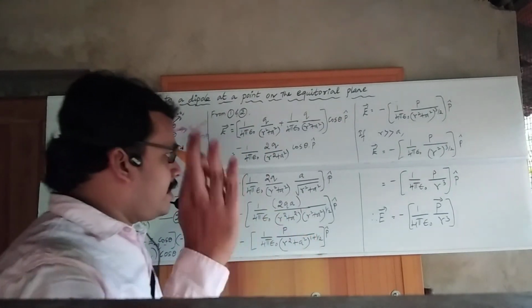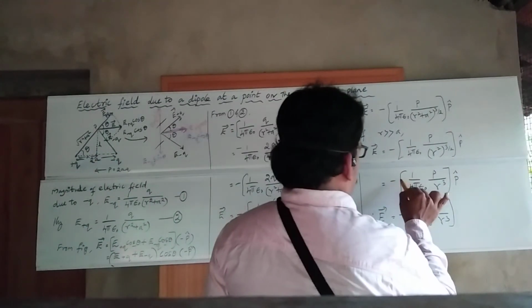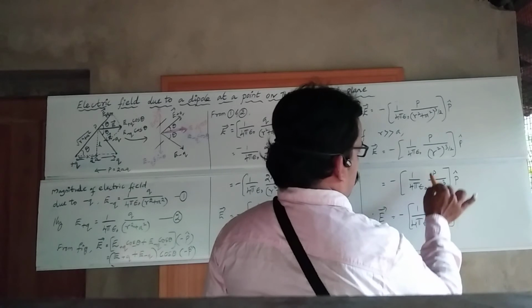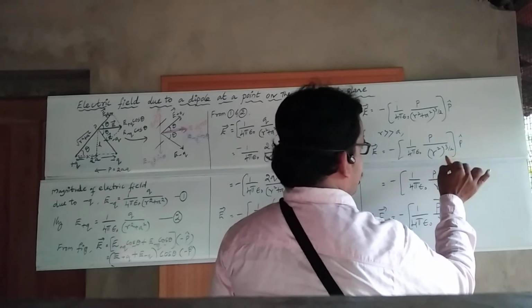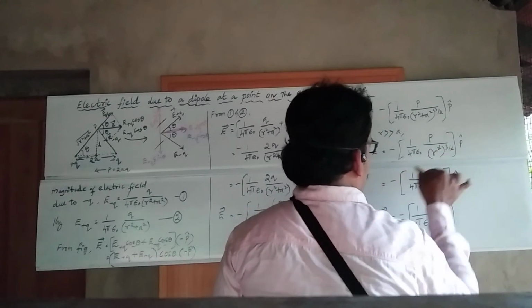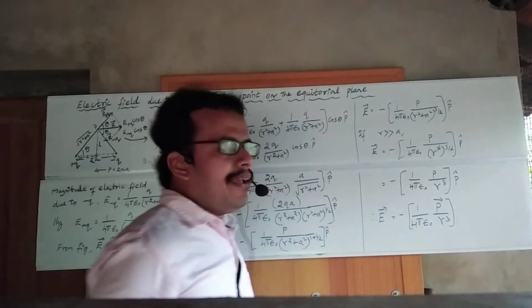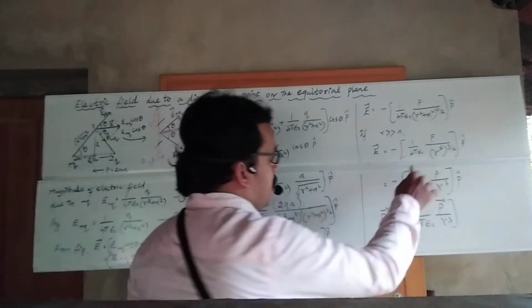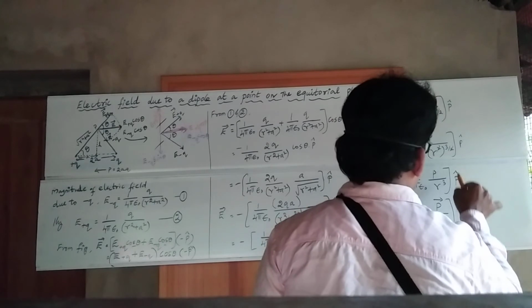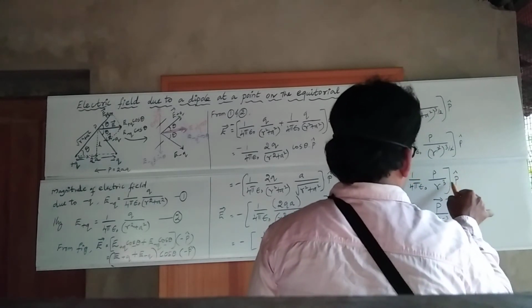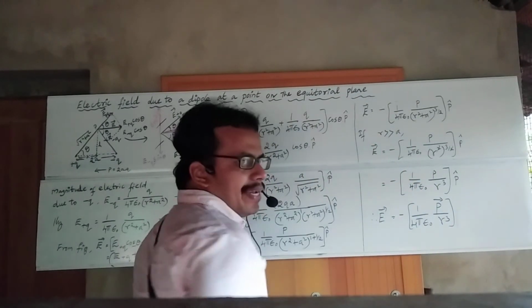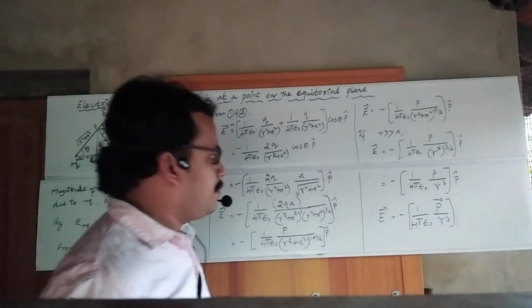Therefore that is equal to minus 1 by 4 pi epsilon naught P by R cube. Why is it cube? These twos will be cancelling each other, so remaining is R cube, into P cap. P cap is the unit vector.